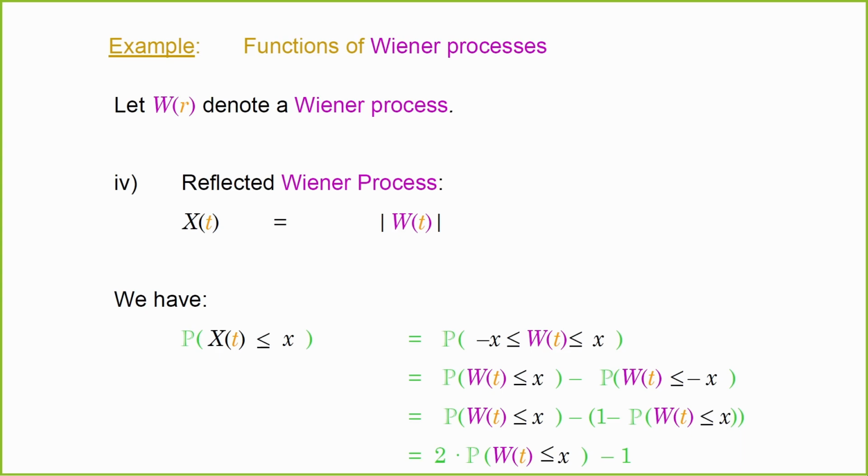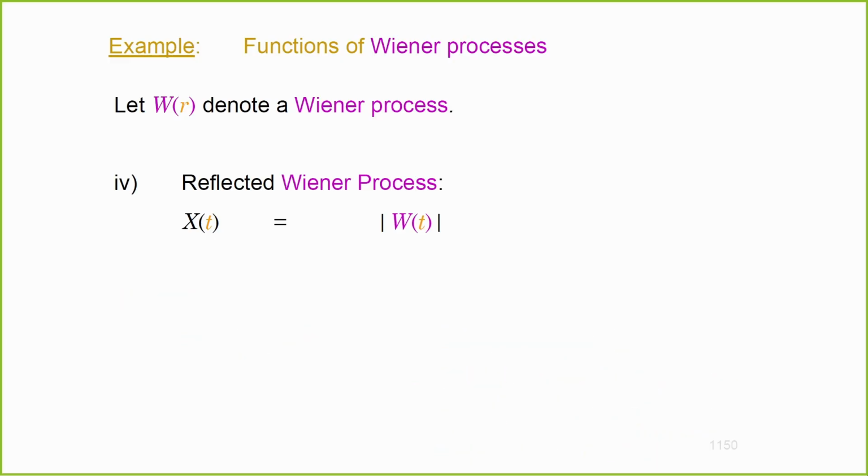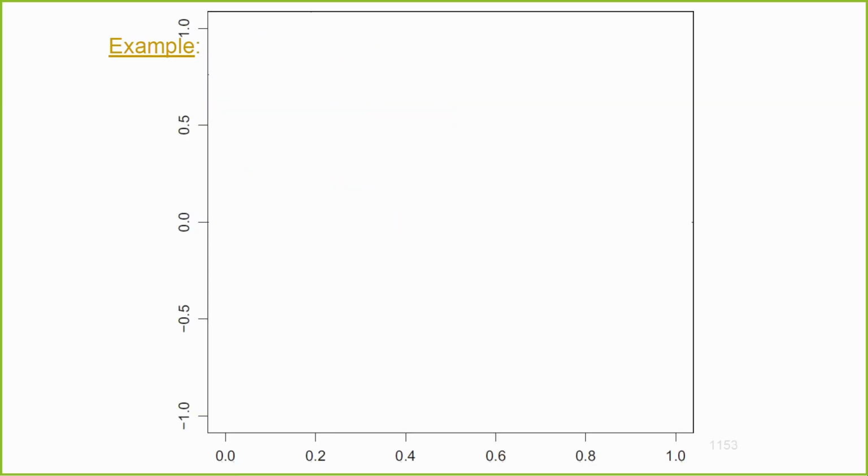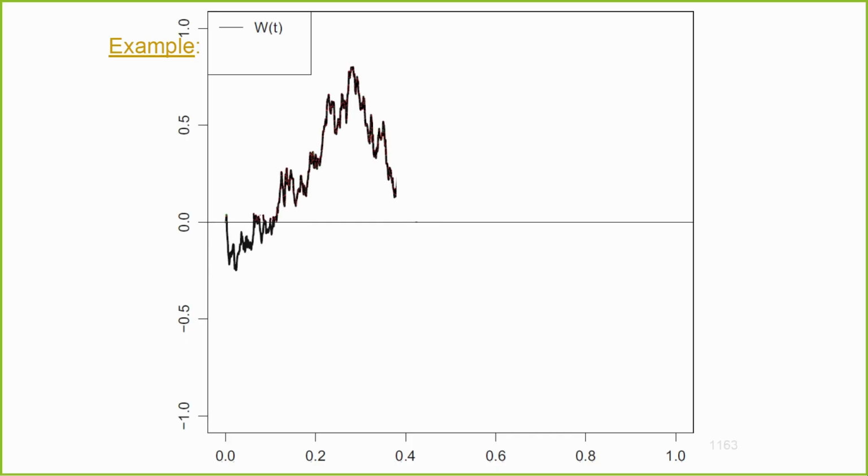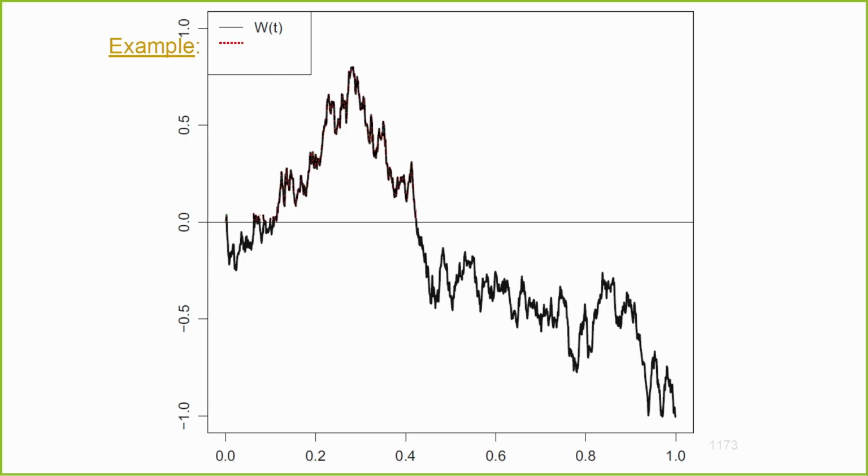Which is actually what it is. Now, I want you to remember that, because I'm going to link that to another process which is going to be important too. That's going to be the next one, but I'm going to look at the reflection here. So again, reflection is relatively easy. If the Wiener process goes down and goes beyond the x-axis, then its reflective counterpart, which is denoted by the dashed red line here, is simply going to go back up again, because I'm going to look at its absolute value now.